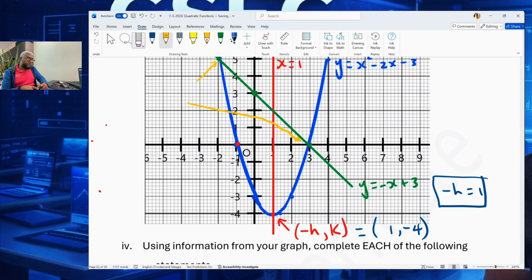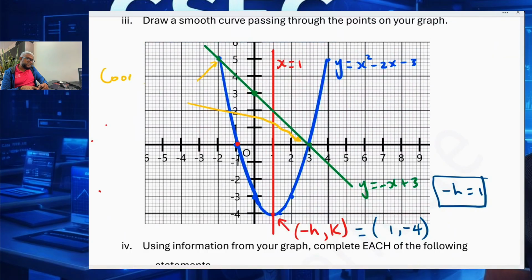right? The coordinates of the points of intersection, right? So it's basically when the quadratic, which is x squared minus 2x minus 3, is equal to negative x plus 3, right?